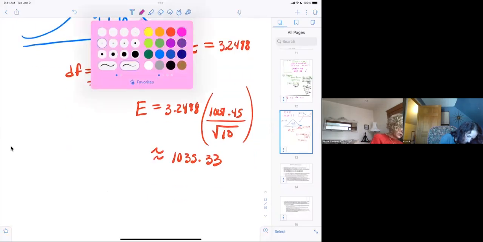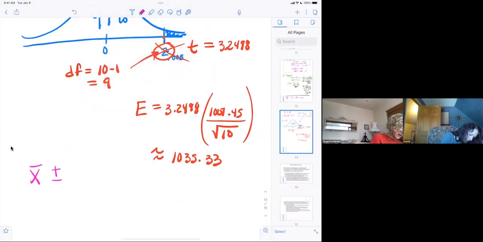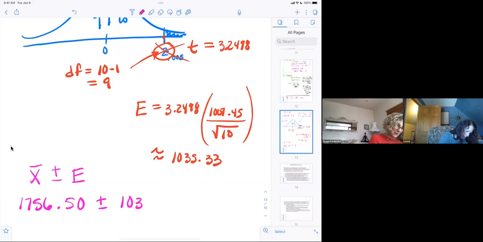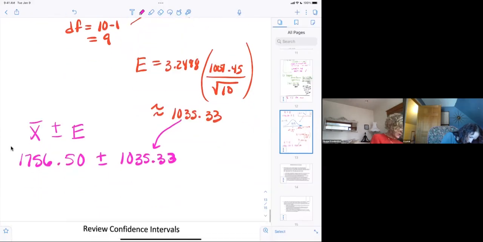And when I go back to X bar plus or minus my error, my X bar is 1756.50 plus or minus the error of 1035.33. Okay, so that error is here. We get the lower bound by subtracting.